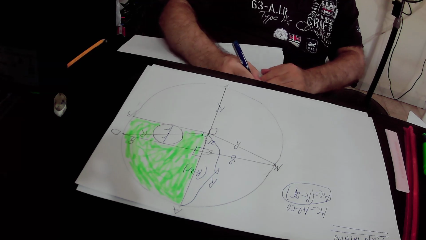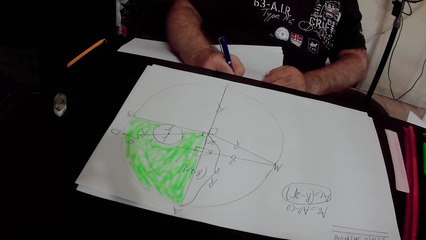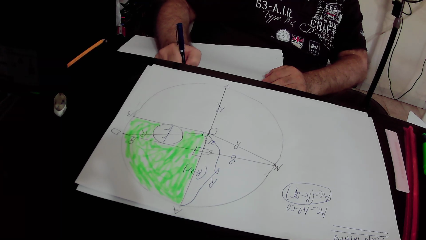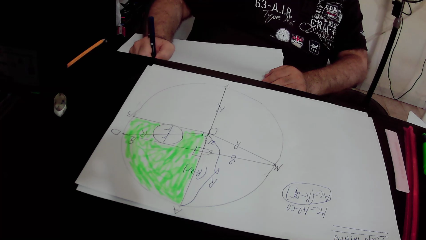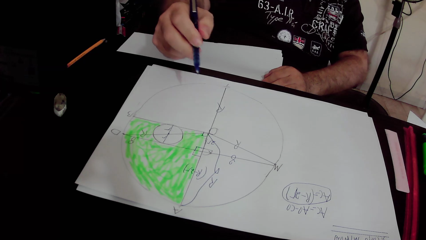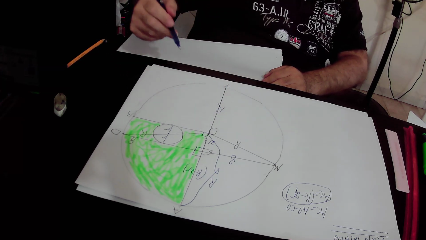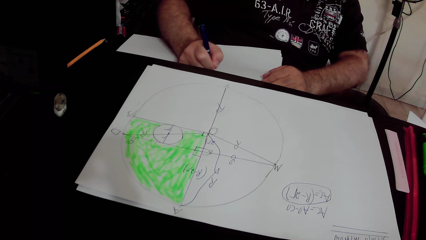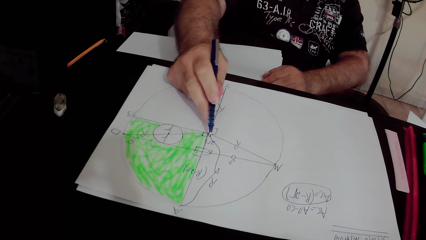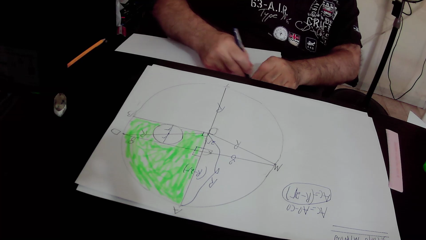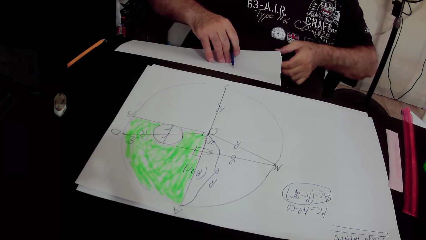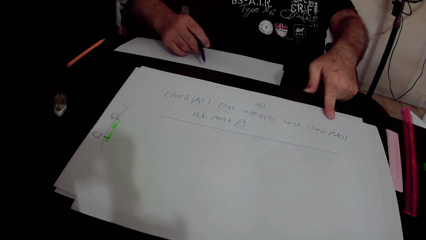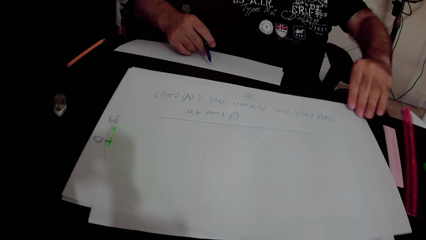In our drawing we have chord AT that intersects with chord MD at point C. The intersection point is at point C.